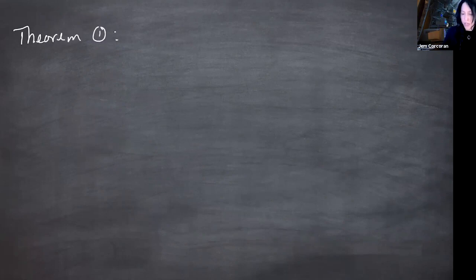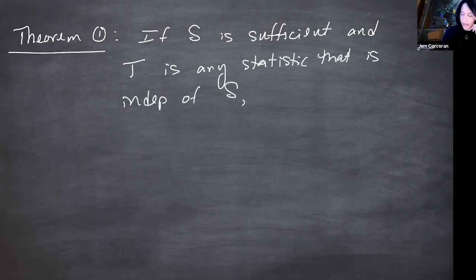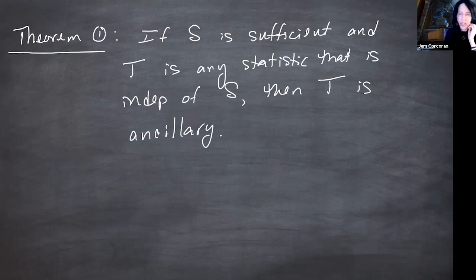I'll call this theorem 1. If S is sufficient and T is any statistic that is independent of S, then T is ancillary. This is not nearly as interesting as theorem 2, because theorem 2 is going to give us conditions.